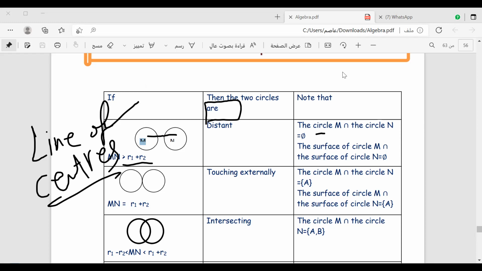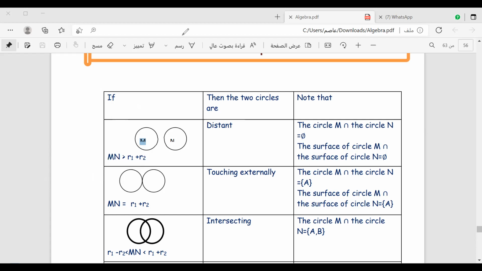By the way, circle M intersect circle N equals phi, meaning the two circles don't intersect, they never meet. Also the surface of circle M intersect the surface of circle N equals phi. I explained the difference between circle and surface earlier, if you remember.